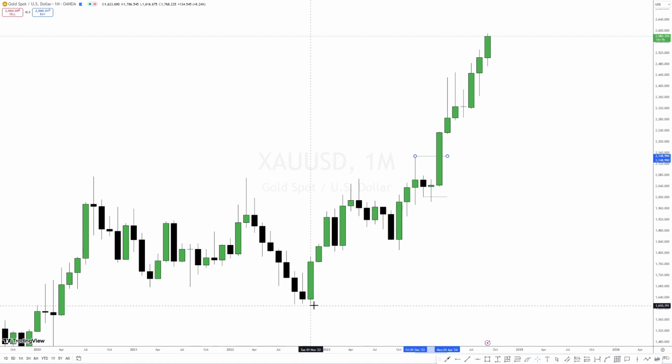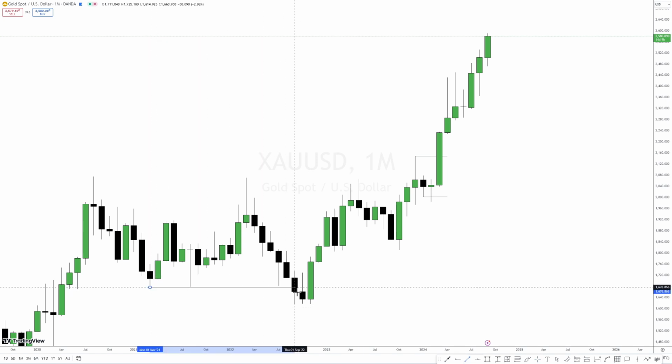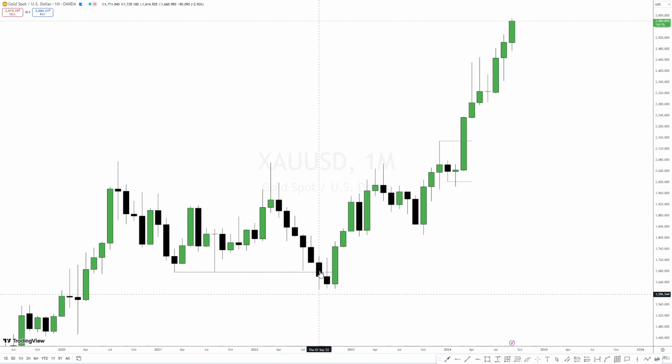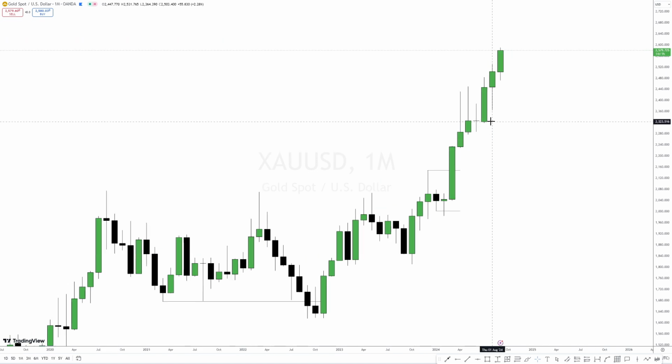So instead of looking at this as a lower low or a higher low, I will look at it as lows that are being rejected. So we see price rejecting lows and breaking highs, the previous high right here. We see price rejecting lows and breaking highs, and the trend continues.